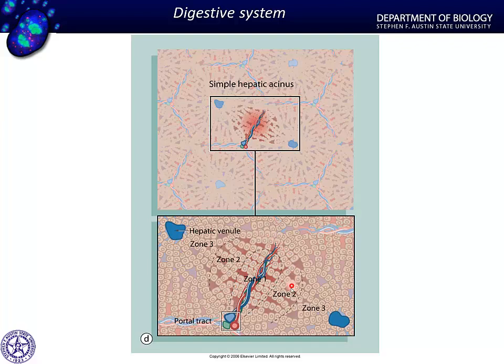This is our intermediate zone, zone 2. And here we have zone 3, the pericentral, and that's going to be closest to the central vein and the most depleted in oxygen. They're trying to show the red color being rich in oxygen, less because we've removed the oxygen, and very little in this zone 3, but still enough to keep the cells going because they're so enriched in mitochondria.